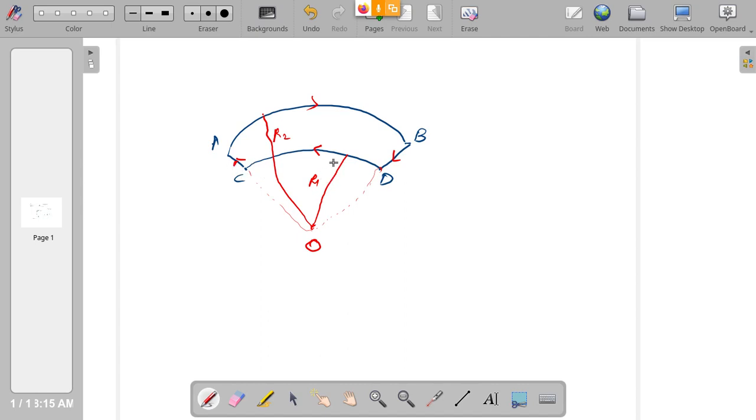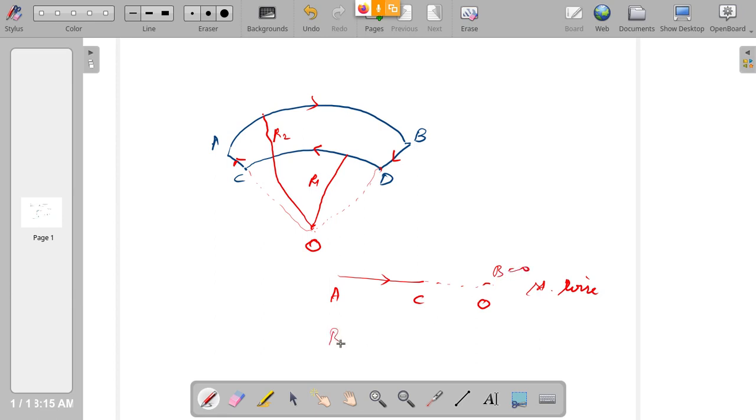See, due to AC and BD, there are straight segments, AC and BD. So let us say this is AC, current is going like this in AC. Now the magnetic field along the line joining AC to O, because this is a straight wire: in a straight wire, along the axis of the wire, the magnetic field is 0.